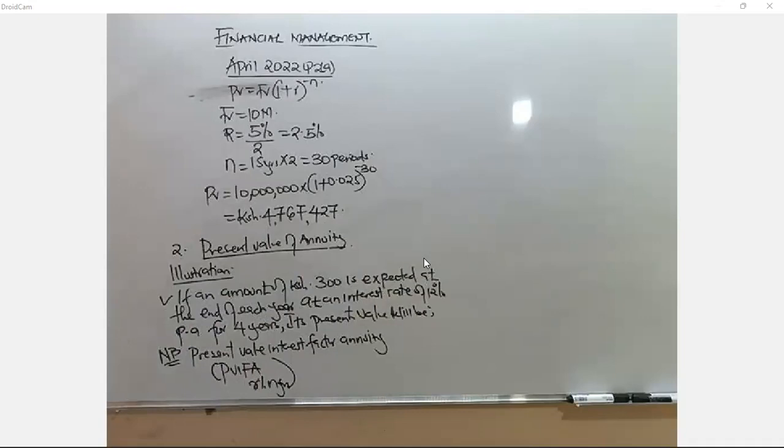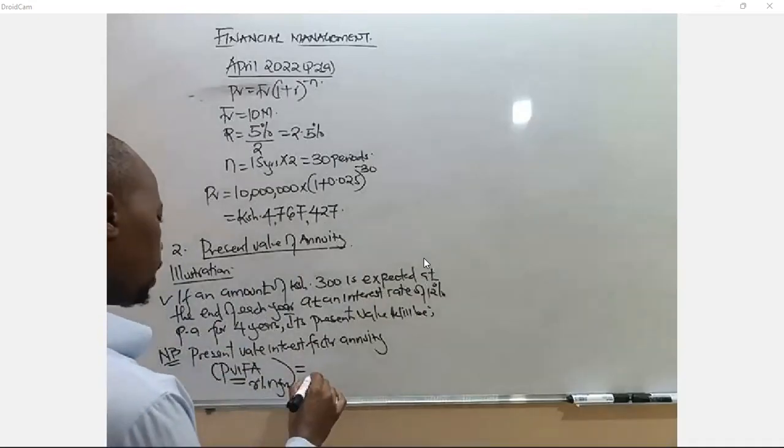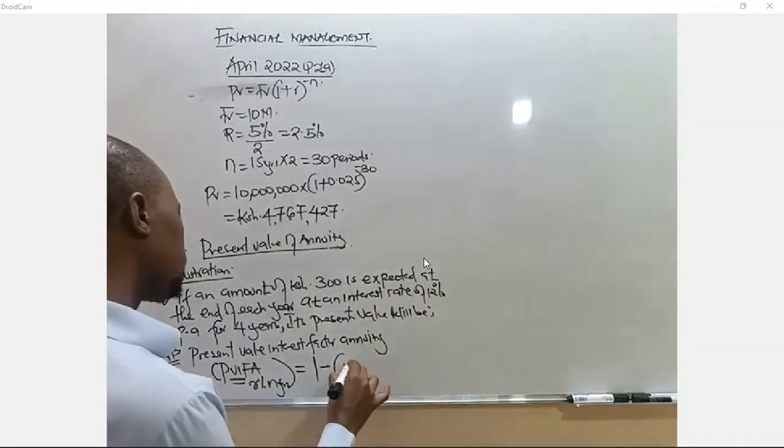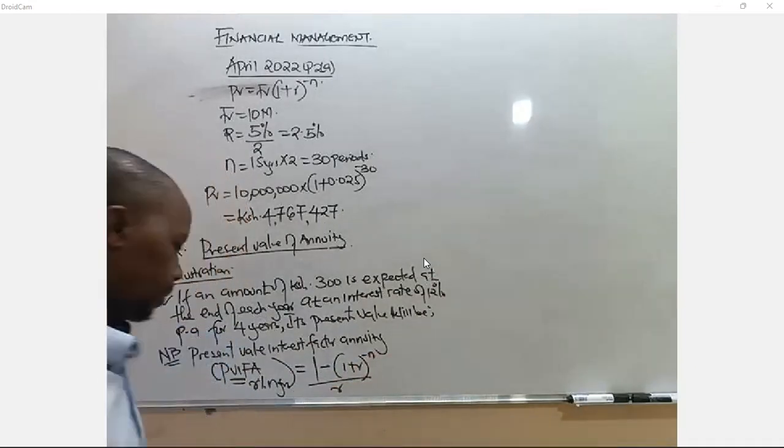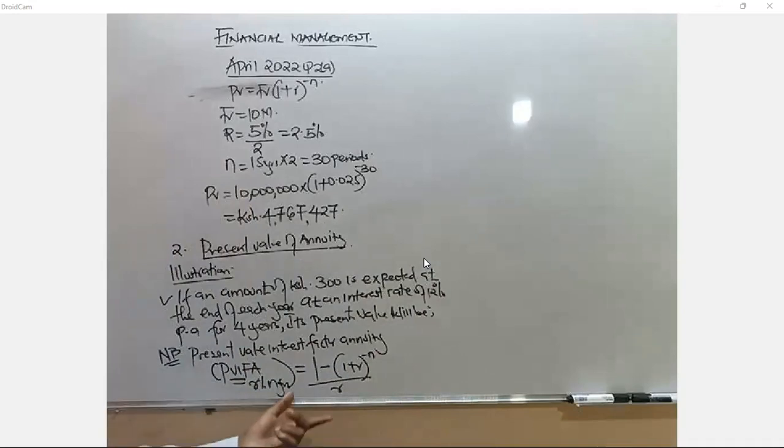Now, based on how we normally get this, the formula is 1 minus (1 plus r) raised to the power negative n, divided by r. Let me teach you how to apply it using the current illustration. In this case, our rate is 12%.